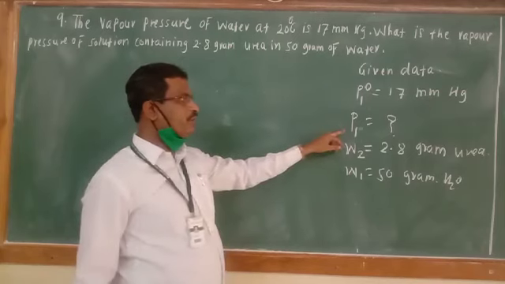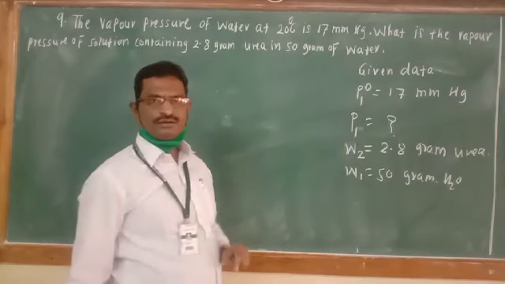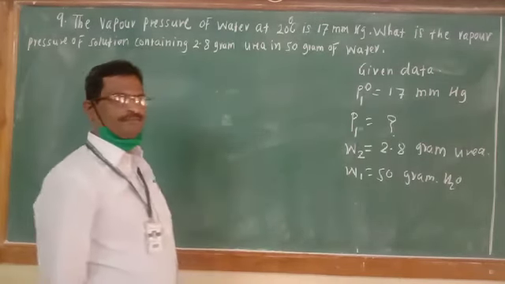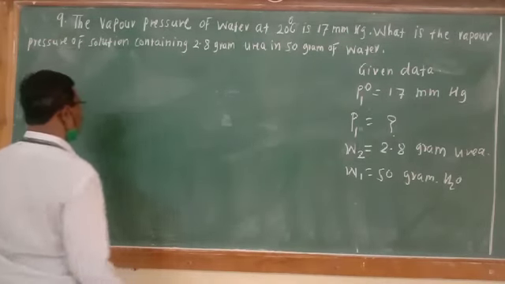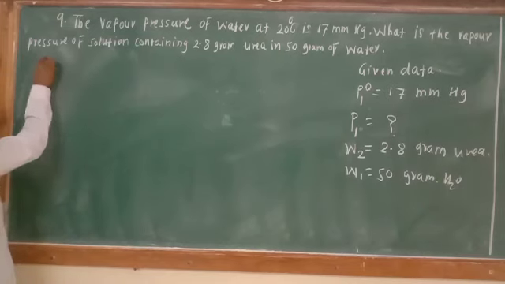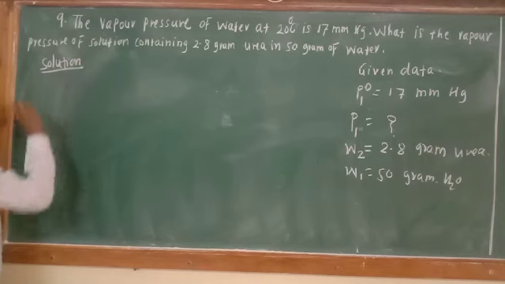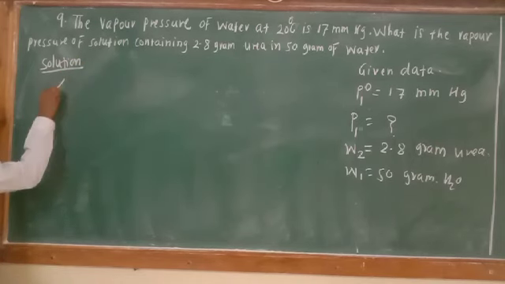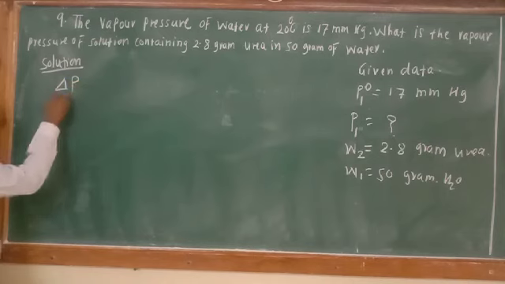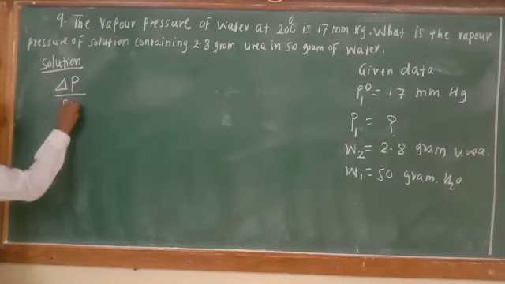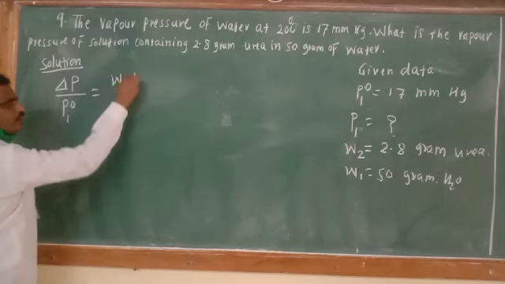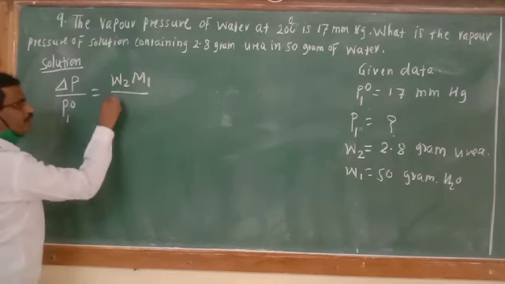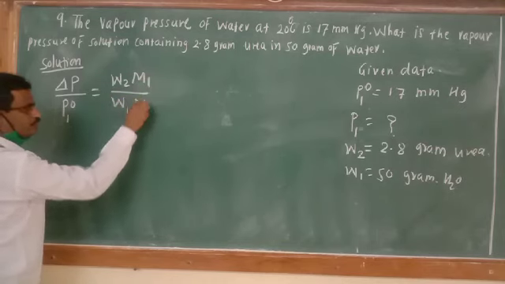We have to calculate the value of P1 using the first colligative property, that is relative lowering of vapor pressure. So what is the equation according to relative lowering of vapor pressure? We know this equation: delta P upon P1° is equal to W2 M1 divided by W1 M2.